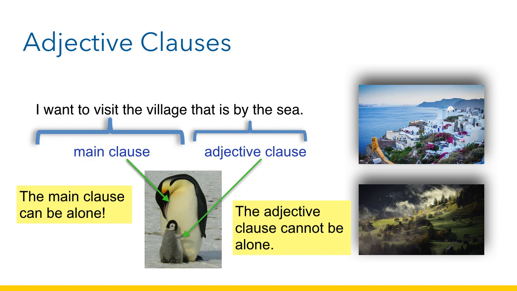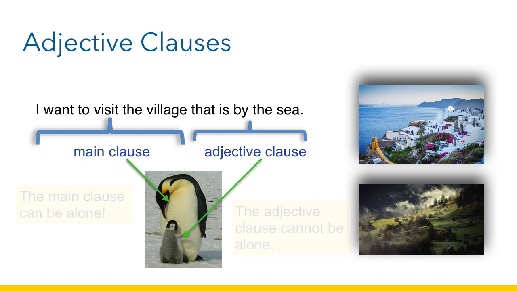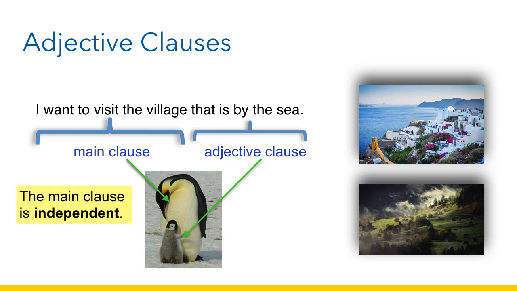Just like a baby without his mother. You can also call the main clause an independent clause. Independent means it can stand alone, like the mother penguin. And the adjective clause is dependent. It cannot be alone. It needs its mother.